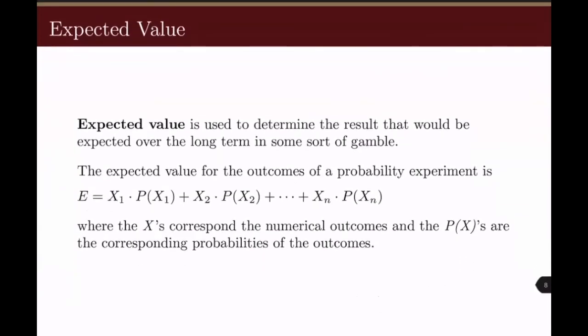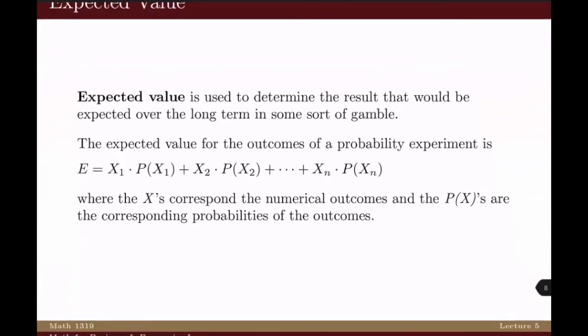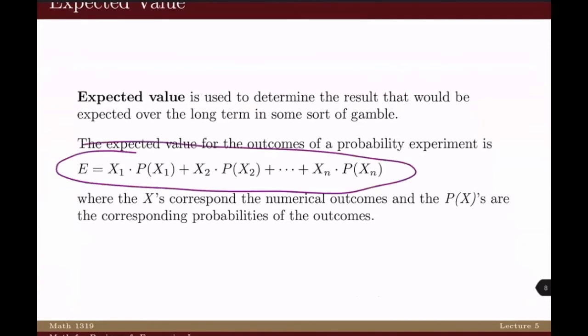Next, you're going to learn about expected value. Expected value is used to determine the result that would be expected over a long term in some sort of gamble. So the expected value formula is this, where the x's correspond to the numerical outcomes and the p of x's are the corresponding probabilities.